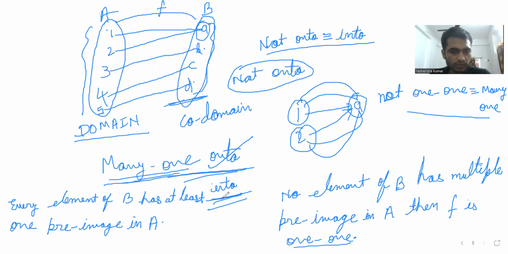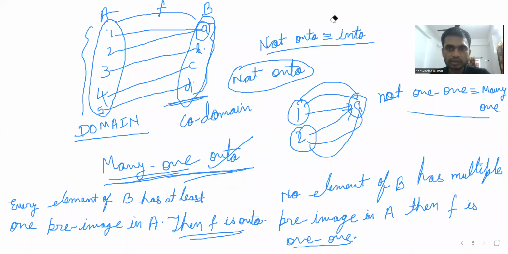So this is the definition of onto: if every element has at least one pre-image in A, then f is onto. Here every element got used. And if a function is not onto, then that is into.